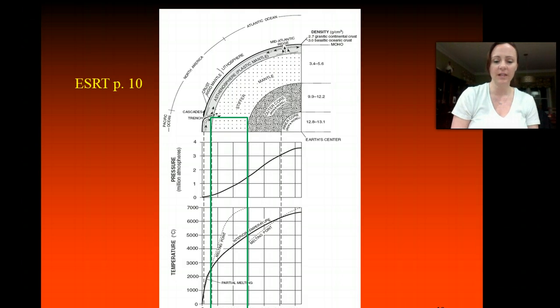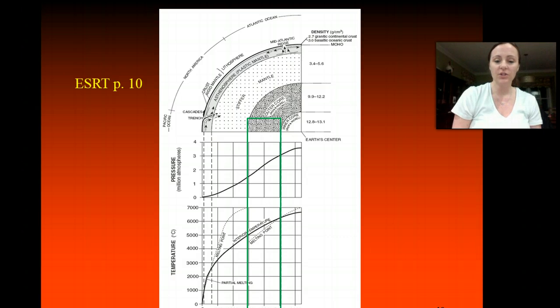Now, something else that you can notice along this line is the melting point. If you notice, this line is below the melting point, so we're still at a solid when we go through this material. The stiffer mantle is a solid. If we continue further into the Earth to the layer of the outer core, we see an interesting change here.